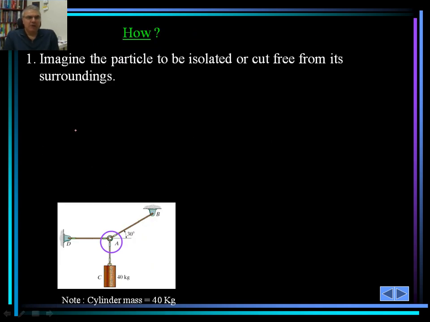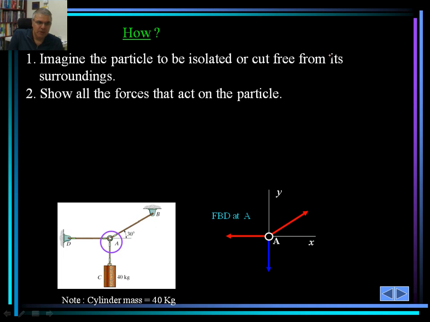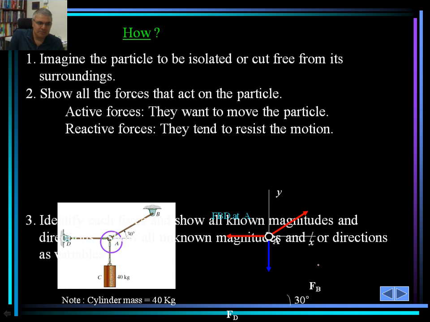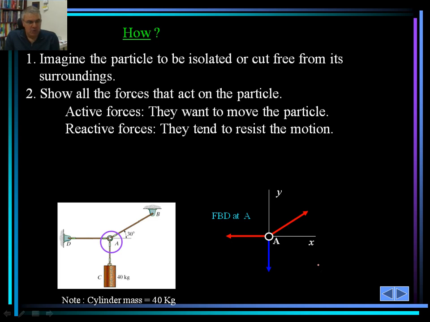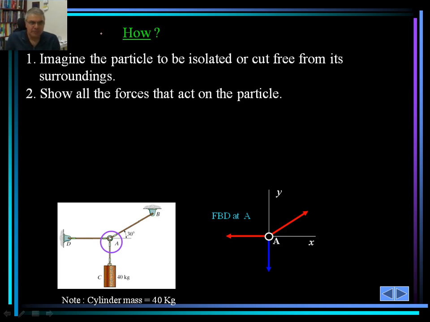So how do we draw the free body diagram? First, we imagine that this particle or this joint is isolated or cut off from its surroundings. In this case, the cylinder has a mass of 40 kilograms. And as shown, it's a much better graphical representation of what I just had. Let me go back here.